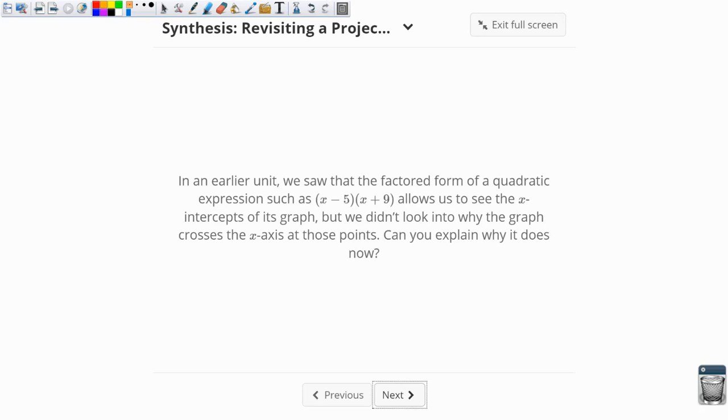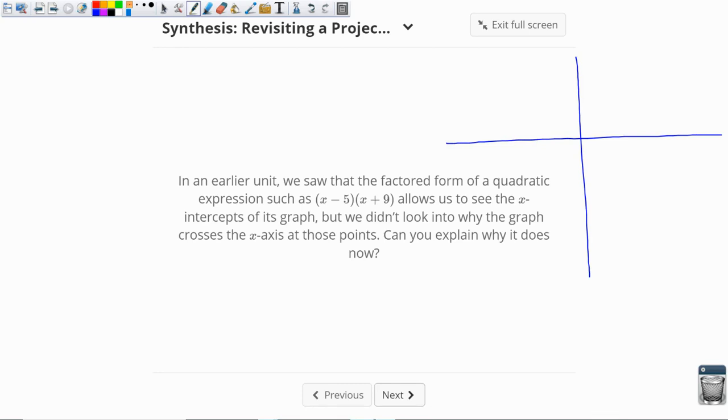This is a great question. We kind of just talked about it. So it crosses the x-axis at negative 9 and at positive 5, because that's when it equals 0. At each of those points, at negative 9 and at 5, it equals 0.